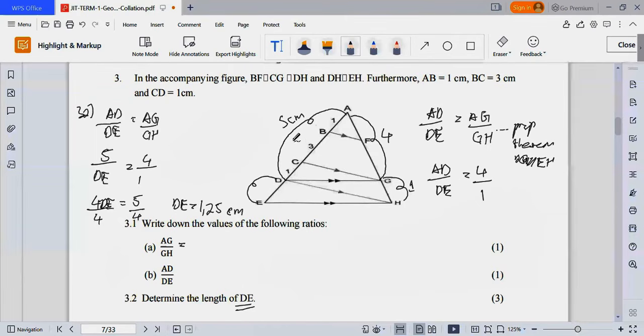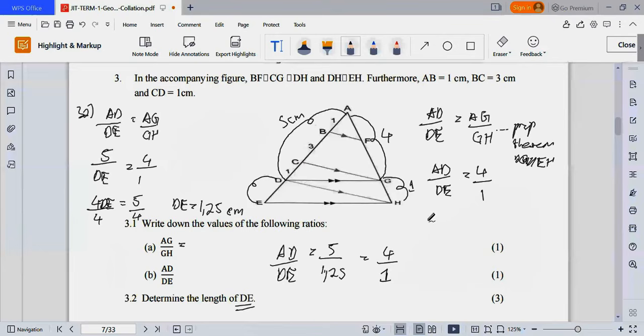Now, let's prove that truly the ratio there will be 4:1. So if we say AD, the actual length is 5, and the DE we just calculated to be 1.25. If you simply punch in your calculator 5 divided by 1.25, you get 4, which we know is the same as 4 over 1, right?